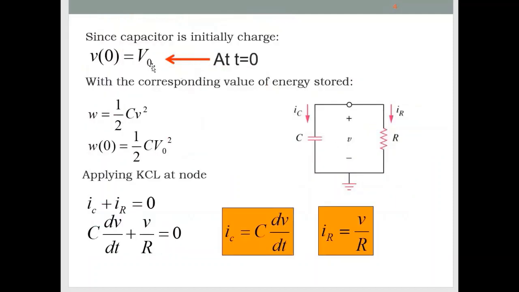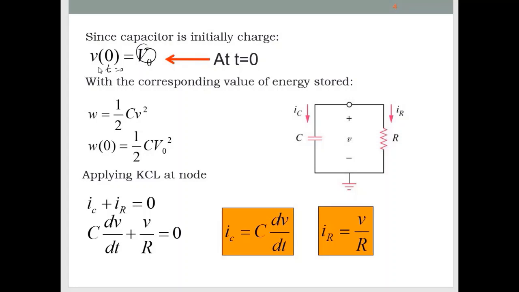And continuing the derivation steps here, since the capacitor is initially charged, we call this V0. This is actually t equal to 0, V0. We call this the initial charge of voltage, which is at t equal to 0.